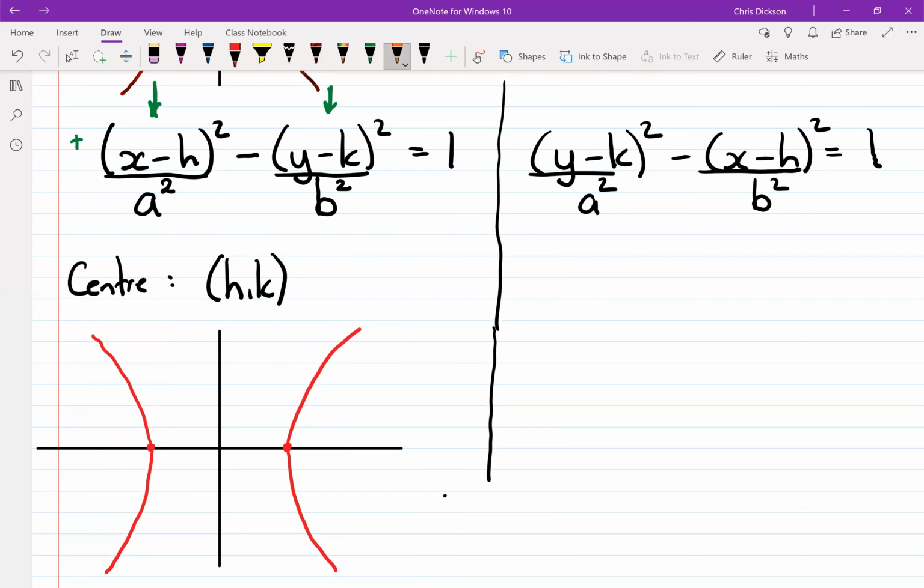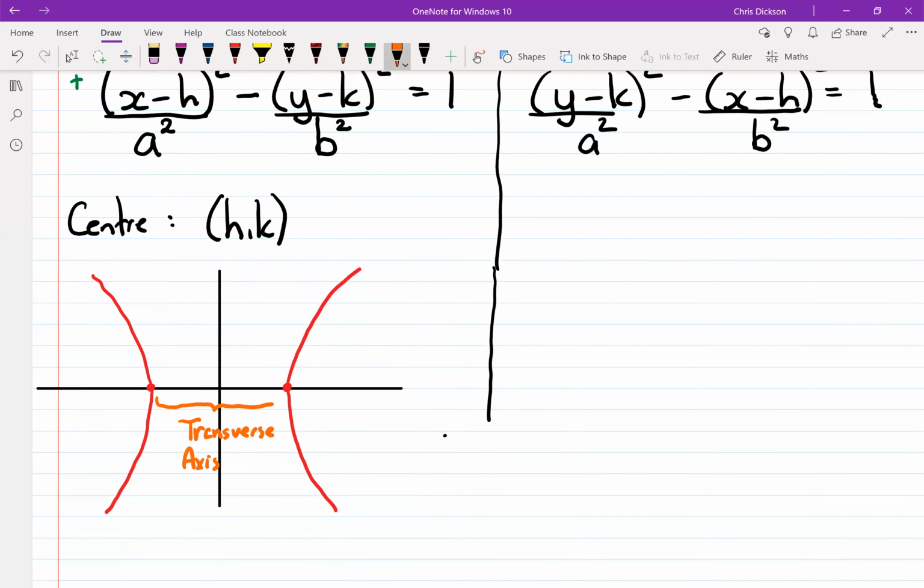The distance from here to here is the transverse axis, and I'm going to abbreviate that TA. So TA, the transverse axis, is always equal to 2a.